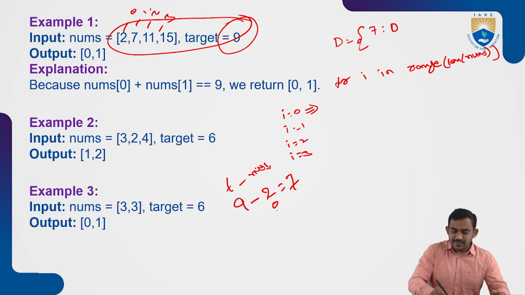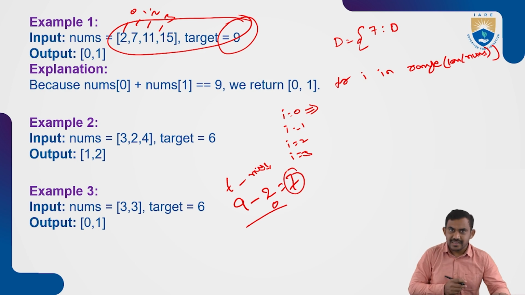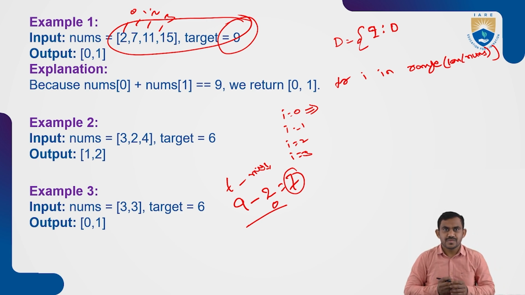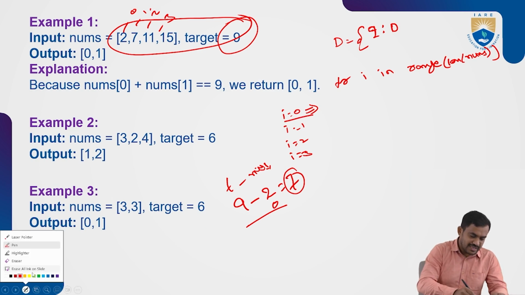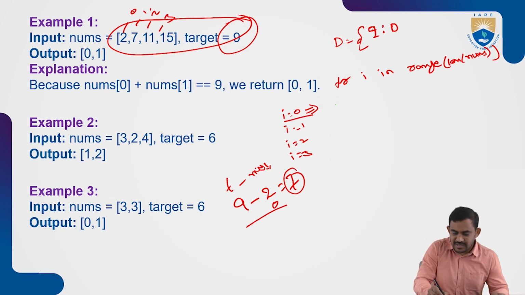So what does the logic mean? We subtract target minus nums, then check whether we have that value in the dictionary. So for i equal 0, my target minus the ith value, which is 2.